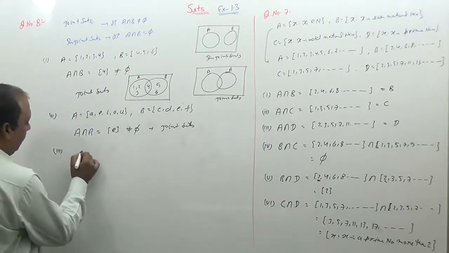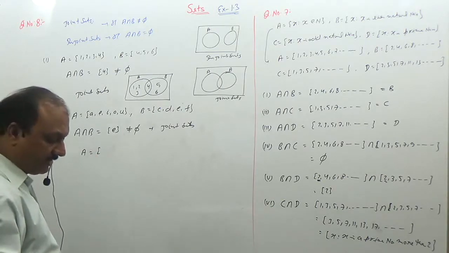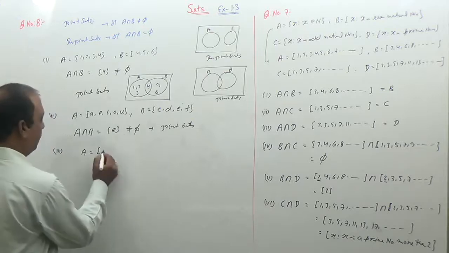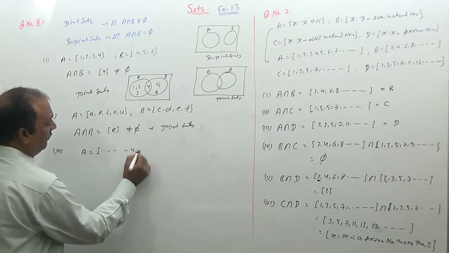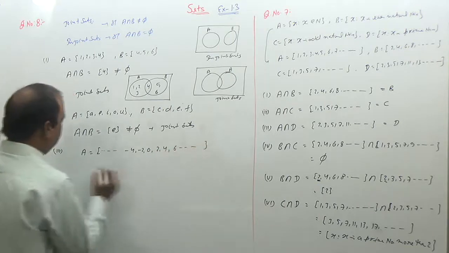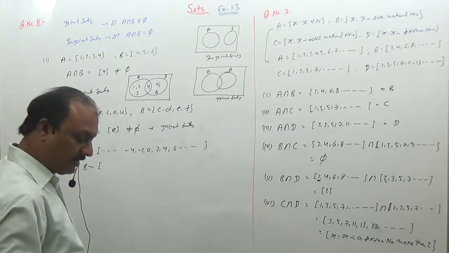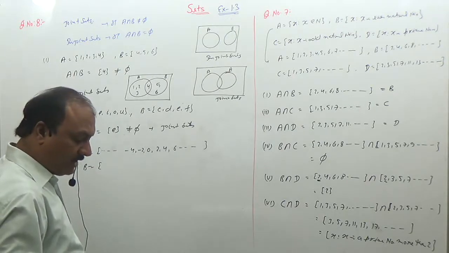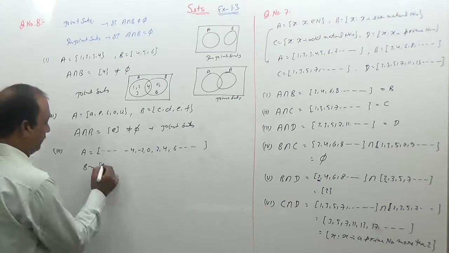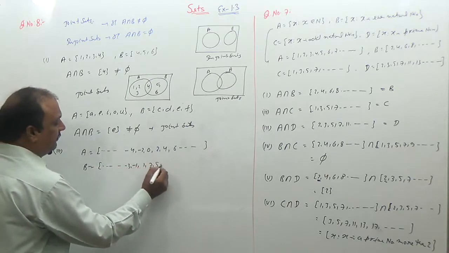And the third one is set A as x such that x is an even integer, so -4, -2, 0, 2, 4, 6 and so on. And there is another set B which has x such that x is an odd integer, that is -3, -1, 1, 3, 5 and so on.